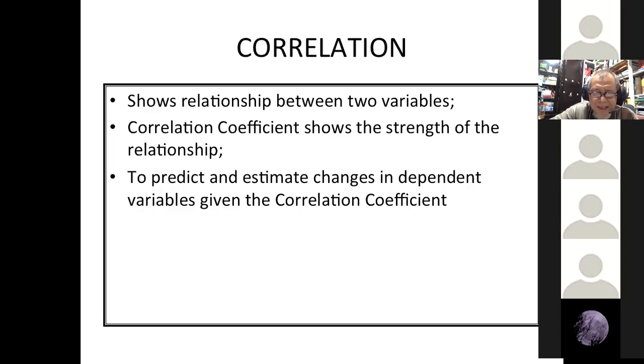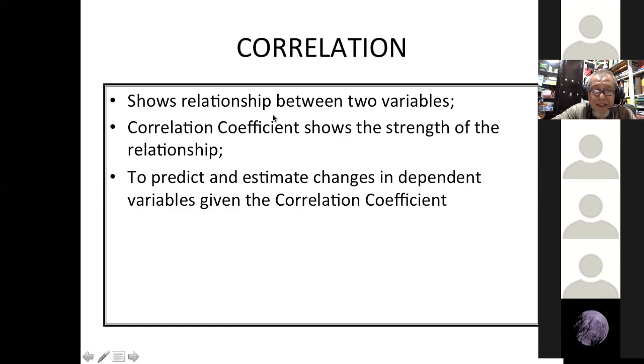If you are correlating the height and the fluency in English, so how tall the students are and how well they speak English, it doesn't seem to have any correlation. According to our common sense, it doesn't have any correlation. So you do not choose those kinds of variables to correlate.